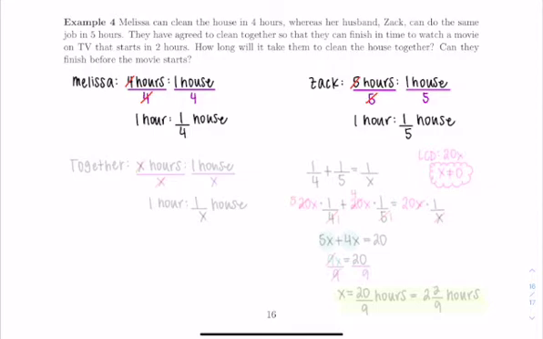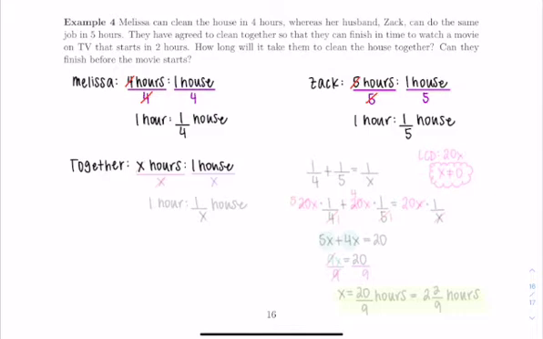So we want to figure out how much they're going to get done together with their efforts combined. We don't know what that is. So let's just say together we're going to say X hours because we don't know how long it takes them to do the house together.